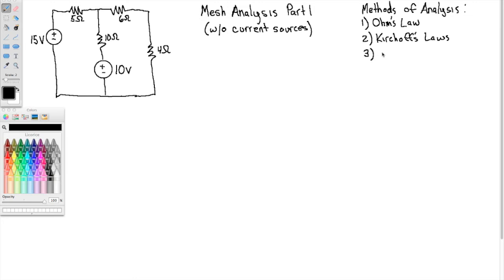The next thing we looked at was resistor combinations. And with that was, of course, series and parallel and delta Y, but with that went voltage division and current division.